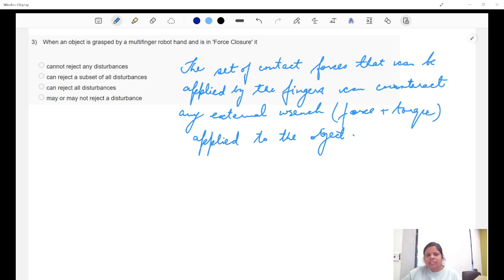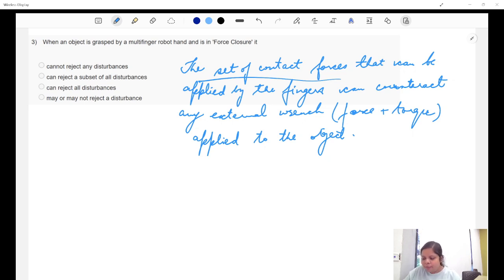Okay, so the set of contact forces that can be applied to the object by the fingers can counteract any external wrench acting on the object. So the grasp is really secured here, and you won't be able to disturb the object by any external force or torque. It can be secured firmly.